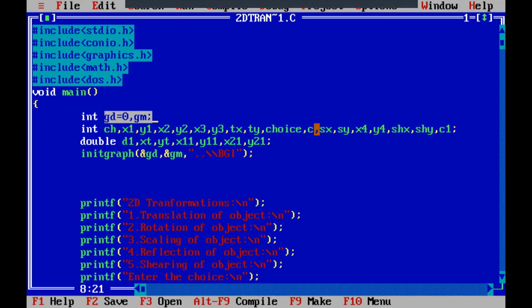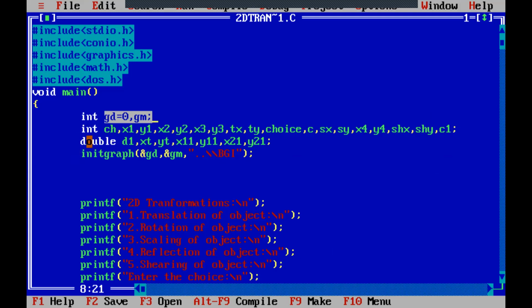Then c is also one choice, which is an internal choice that we will see. That is a variable considered. sx and sy are the scaling factors along x and y. x4, y4 are required sometimes, and shx and shy are the shearing factors. This part we have not covered yet. So we will see the first 4 transformations only today, and the 5th transformation in the next practical.